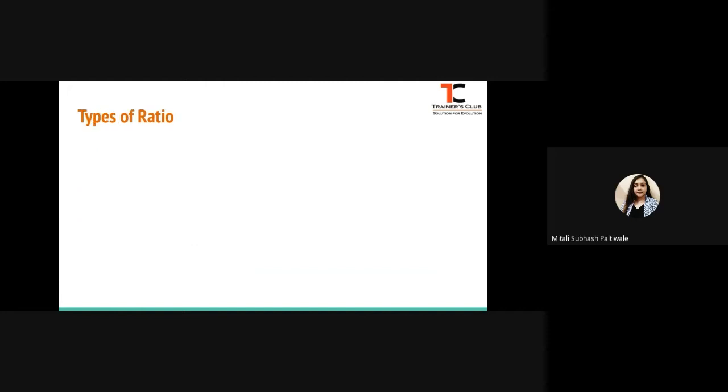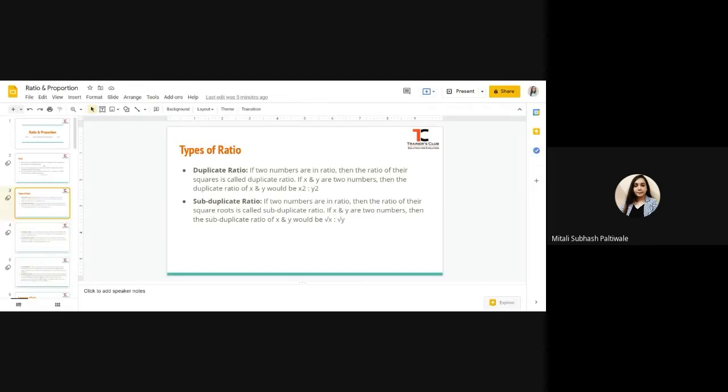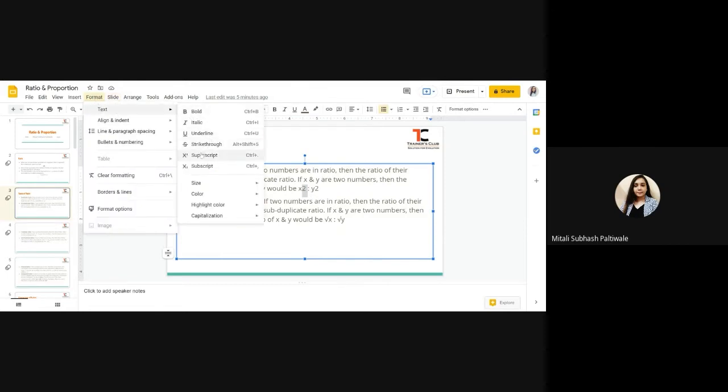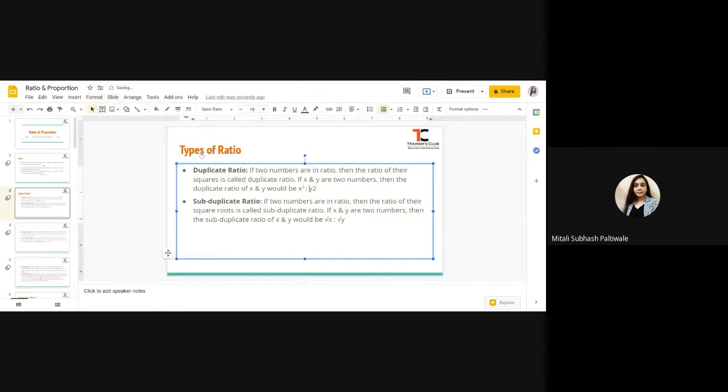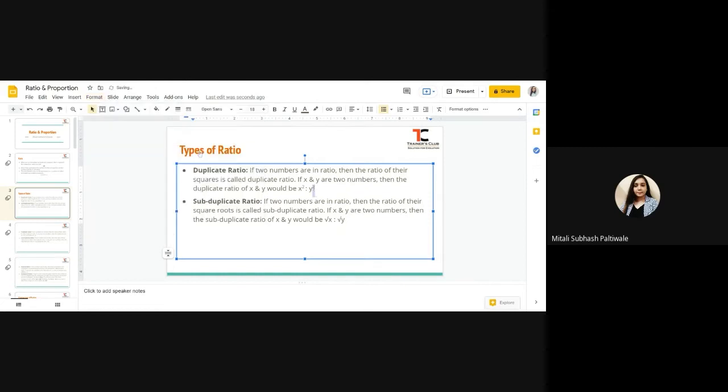What are the different types of ratios? There are duplicate ratios. To get the duplicate of a ratio, we take the square of the ratio. Now the subduplicate ratio, as you can see on the screen, is the root of that ratio.